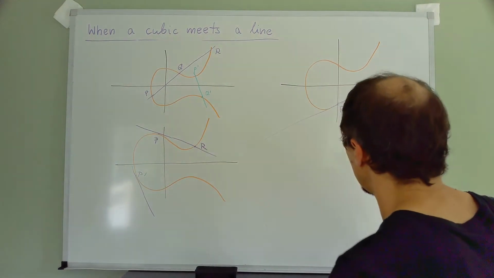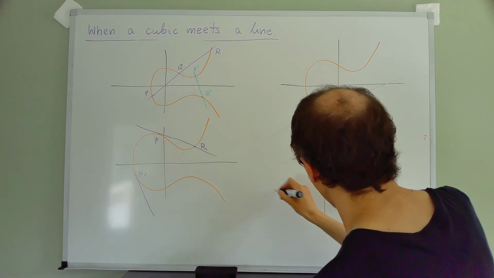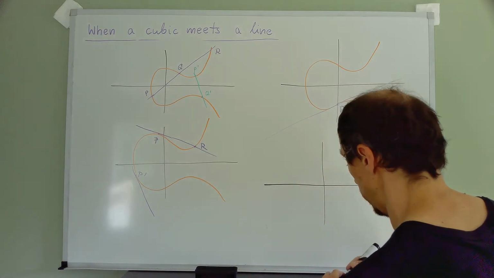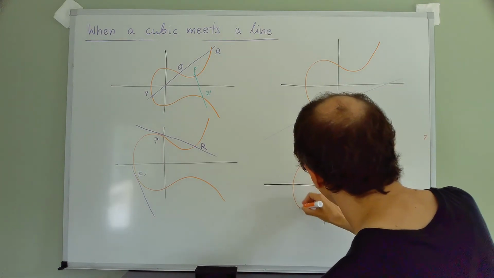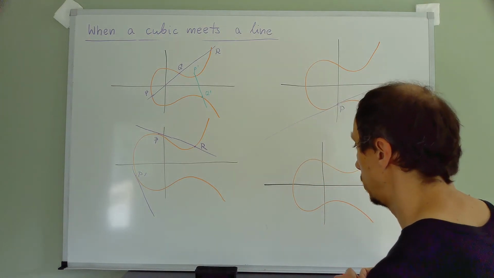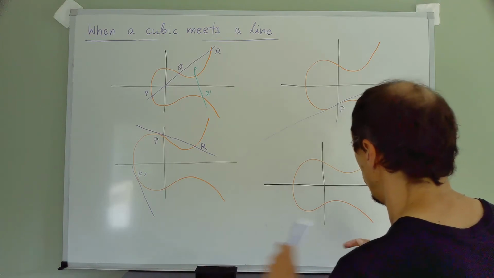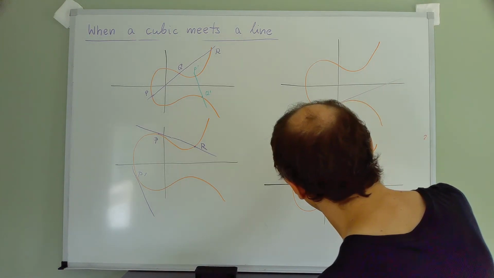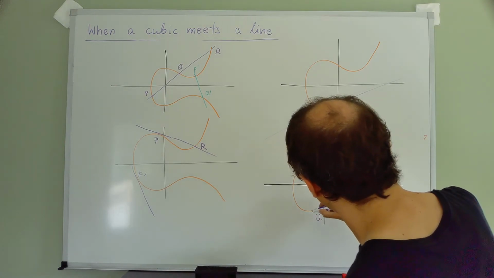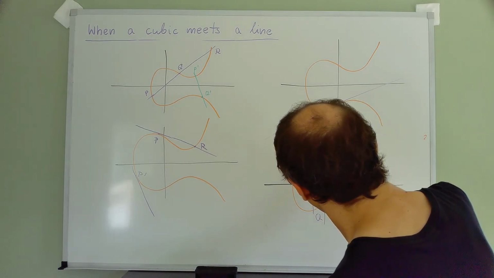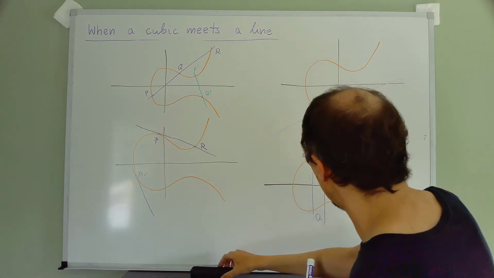Okay, so what's the exceptional case that I have been so far avoiding? It's when these 2 points are on top of each other. Here, P, Q. Ah, my line just missed the point.